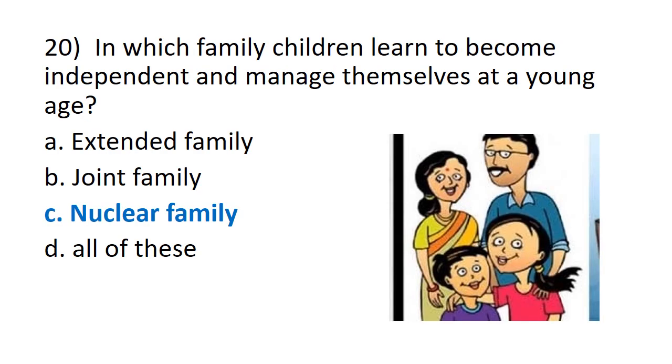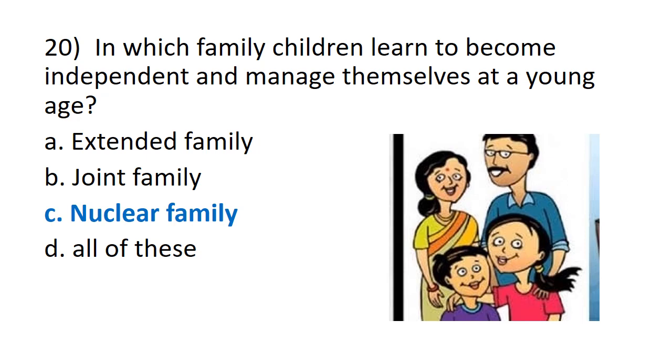Now, the next question we have is: in which family do children learn to become independent and manage themselves at a young age? The options are extended family, joint family, nuclear family, and all of these. The first option is extended family.